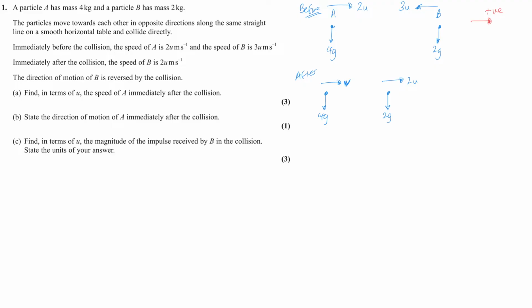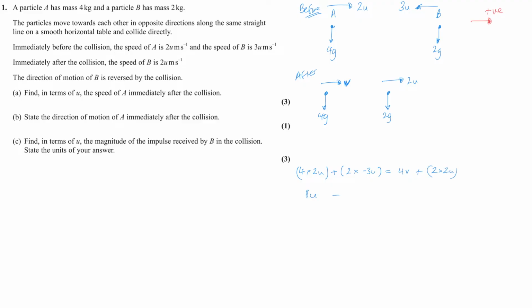Okay, so before we've got mu, so that's 4 times 2u plus 2 times minus 3u, and that's the momentum before, which is going to be equal to the momentum afterwards. So 4v plus 2 times 2u.